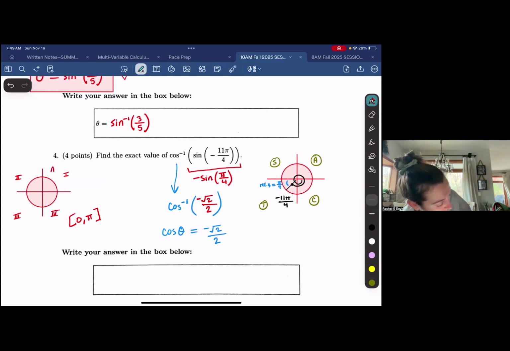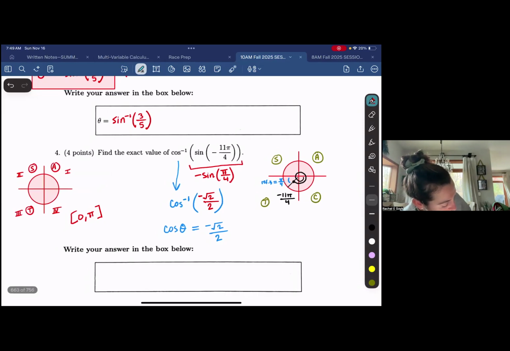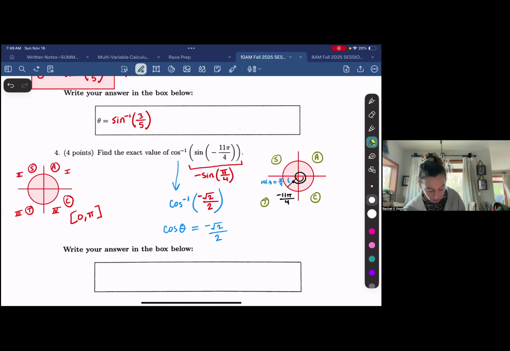And our acronym, All Students Take Calculus. 0 to pi, I'll use the same color as the previous page, is going to be these top two quadrants. But we're looking for when cosine is negative. So it's not the first quadrant, it has to be in the second quadrant.